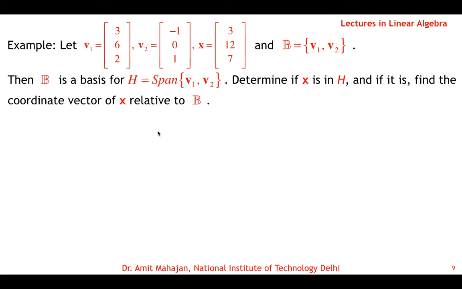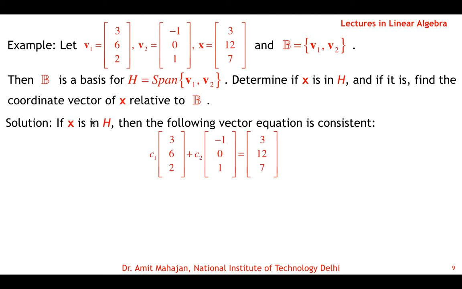First we have to find whether x is in H or not. If x is in H, that means x can be written as a linear combination of v1, v2. So whether the system c1 v1 plus c2 v2 equals x is consistent or not, and if it is consistent, then what are c1, c2, because those c1, c2 are going to be the B coordinate of x.